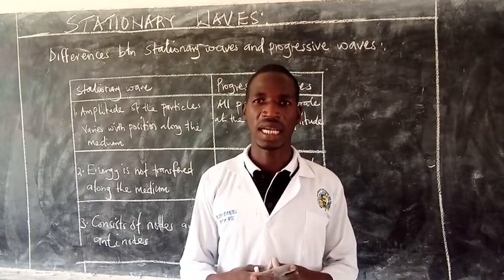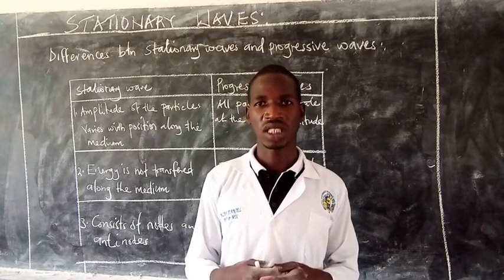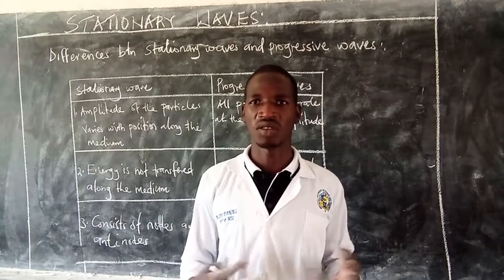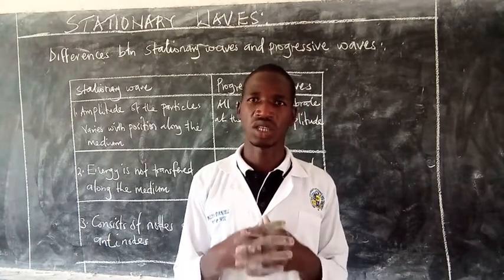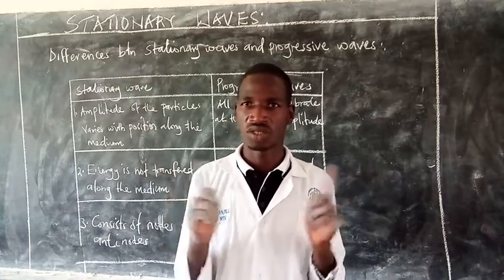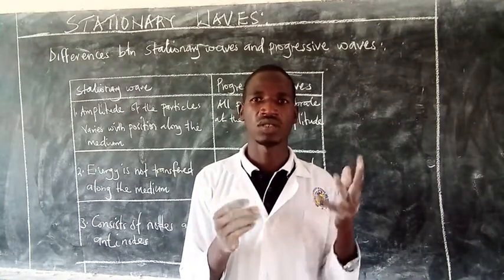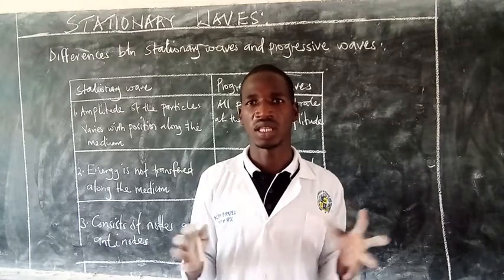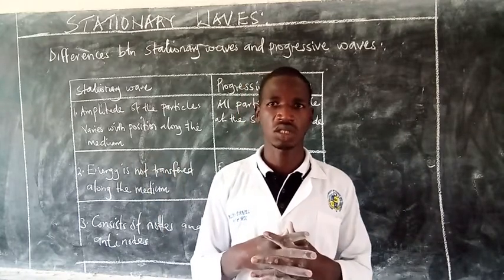Then another difference comes in like energy which is transferred along the medium. We said in stationary waves, energy is not transferred from one point to the other, but rather it is just confined at a particular section.